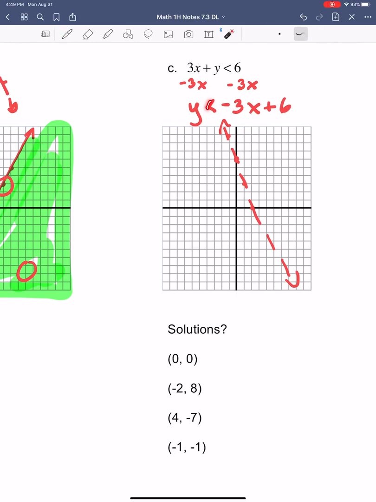Since this is a less than symbol, we want the numbers that are lower, right? If you can't tell, imagine that this is a tree. This line is a tree. Which way would it fall? Well, it would fall down that way, right? So that must be the lower numbers. So we want everything in that area, everything that's less than this line here. Okay, so all this space in here.